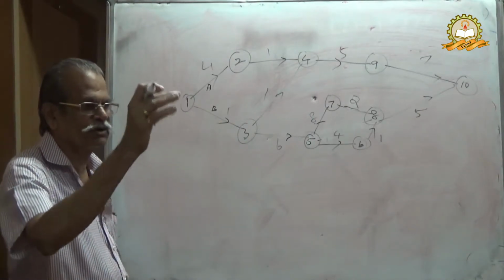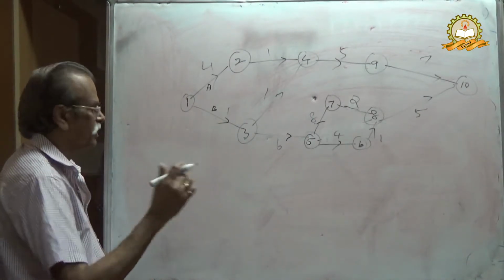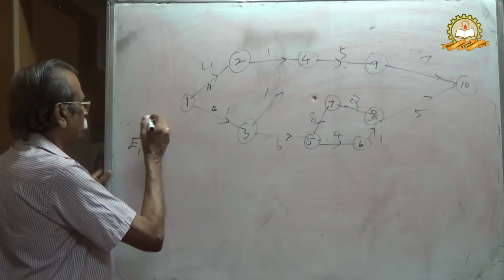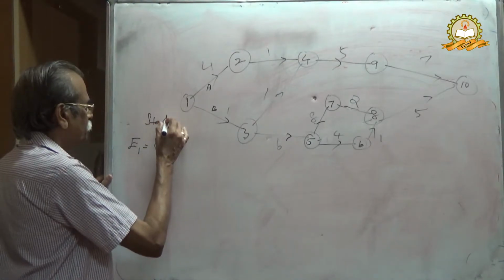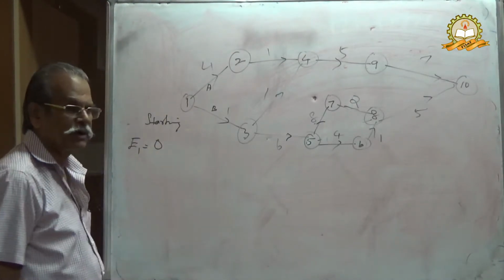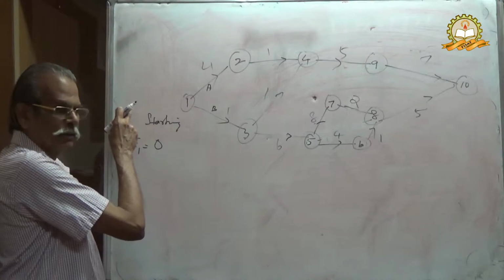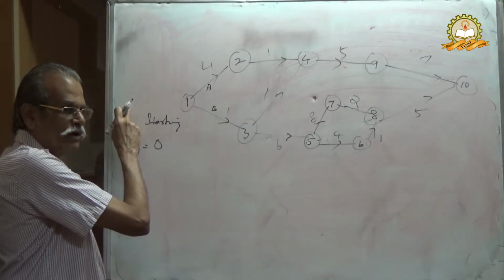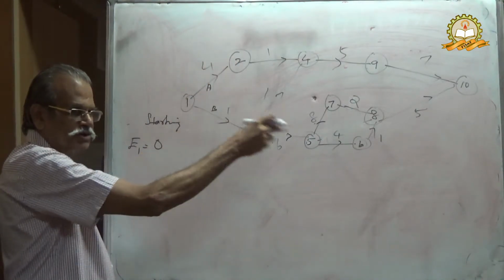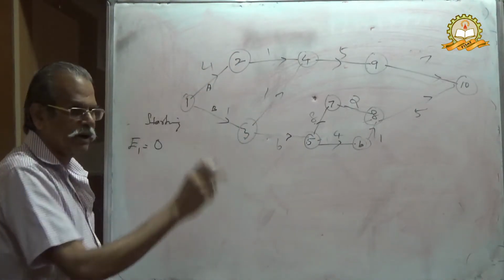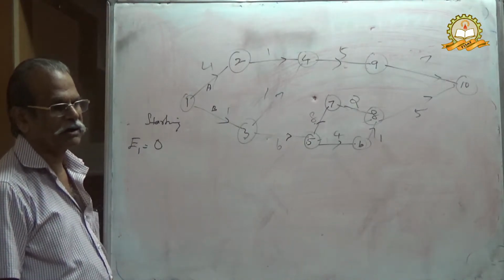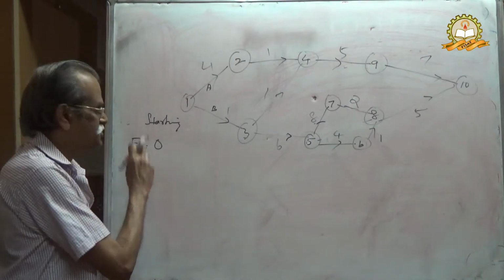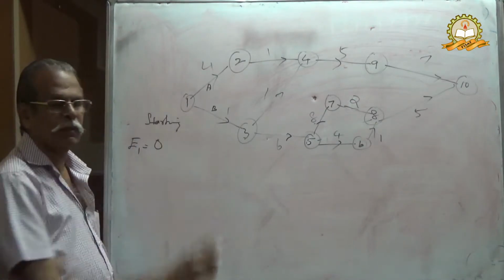Therefore, we start with 1 and write E1 equal to 0, the starting point. If there is something above the node, you have to mark that. This will be E1, 0. Then E2, E3 change over. Here there is no beginning, so we start with E1 equal to 0.